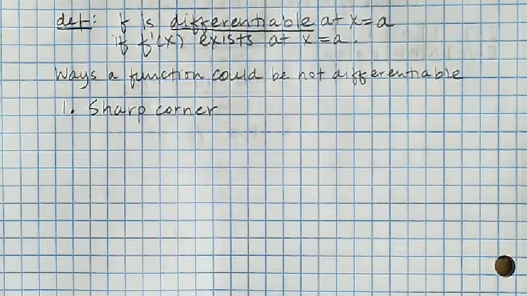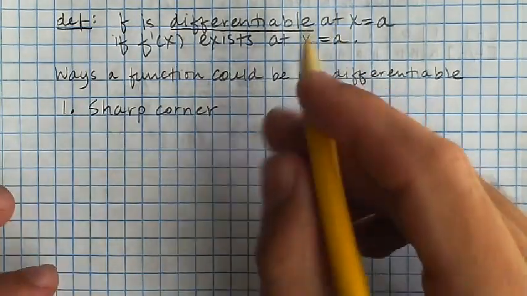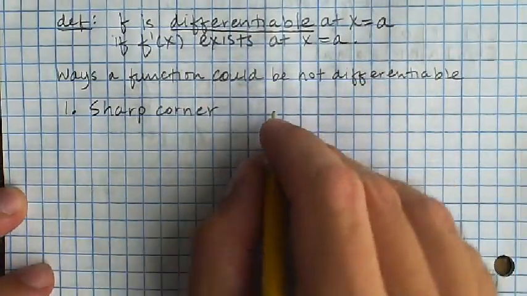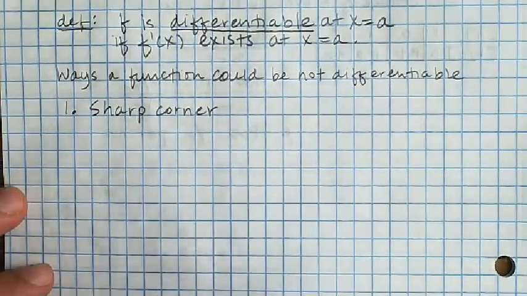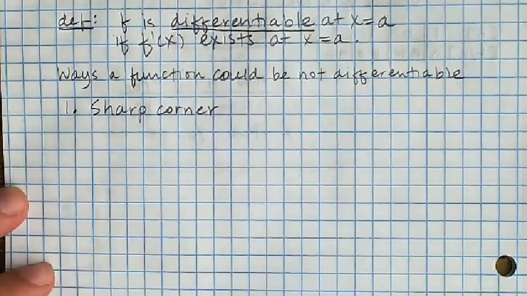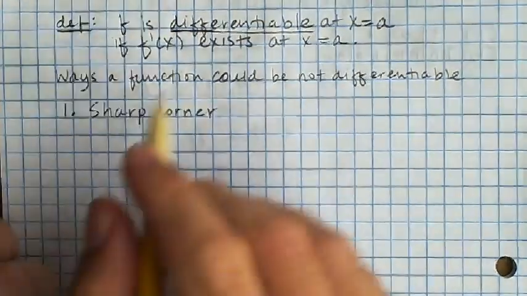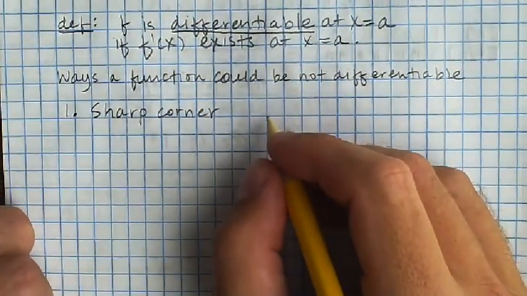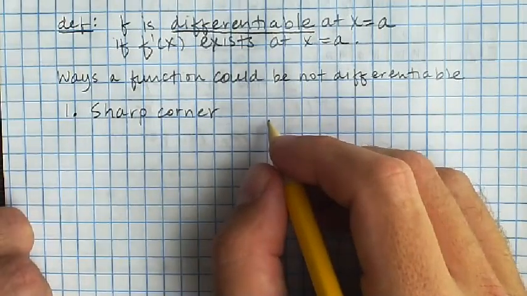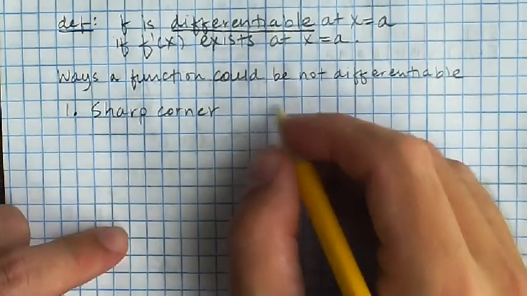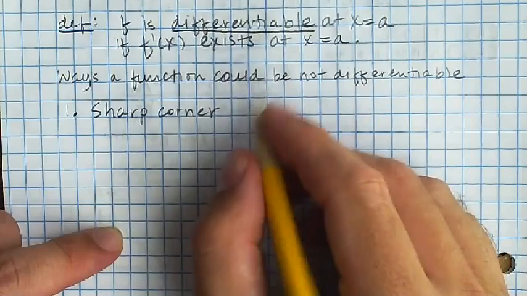Cusp was pretty common as well. Corner seems to really indicate what I'm talking about, where we have a sudden change in direction. Now, sudden change in direction, oddly enough, was not something that got you credit on the AB exam for that particular problem. I believe that was number 2 form E3 or something, something that not even that many kids had.